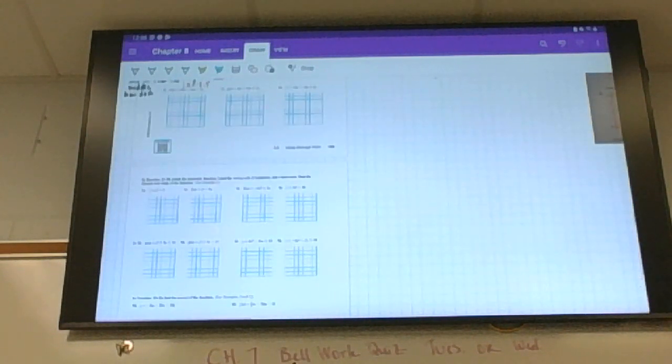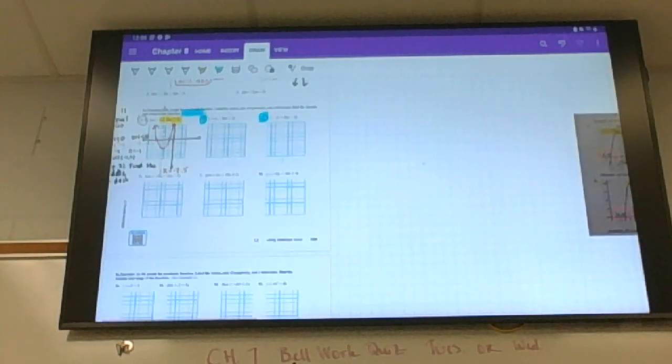Alright, does anybody who did the assignment want to ask a question? Domain's always the real numbers, and your range is always the y value of the vertex.